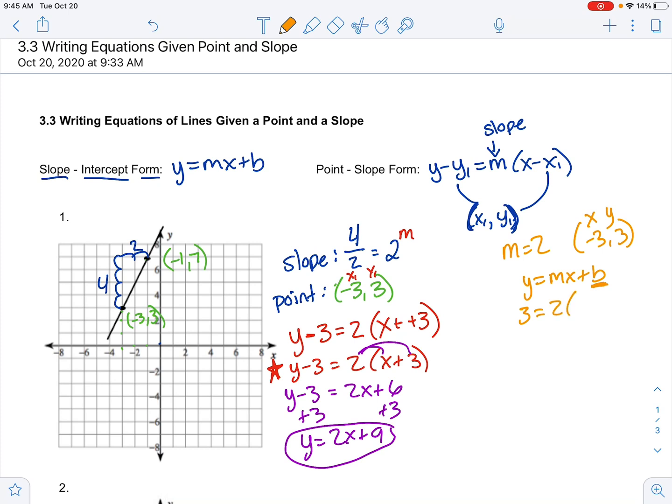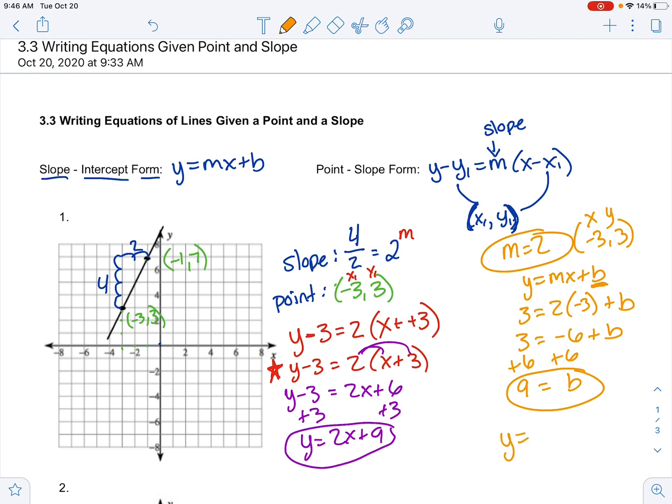So my y is 3, my m is 2, my x is -3, and I have to solve down for b. So I have 3 equals -6 plus b. I'm going to add 6 to both sides. So now I have my b value and I have my slope. So you could plug that now into slope-intercept form and you get the exact same equation.